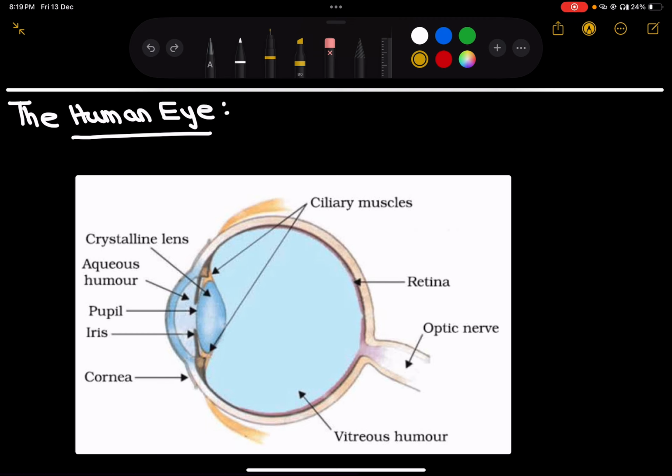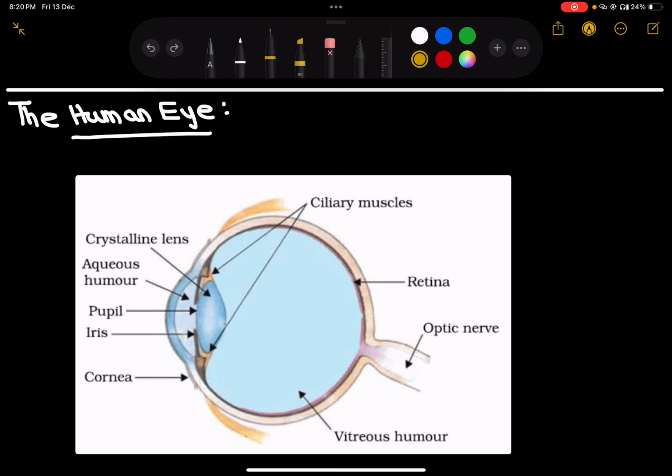But to see colors, to see our surroundings, we need eyes. It cannot be done by any other organ in our body. Eyes are a vital and very sensitive part of our body, so we are going to study all about the eye in this chapter.